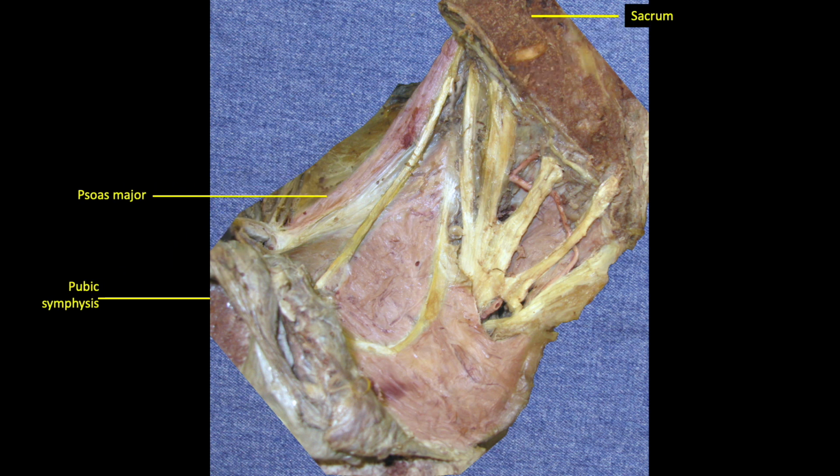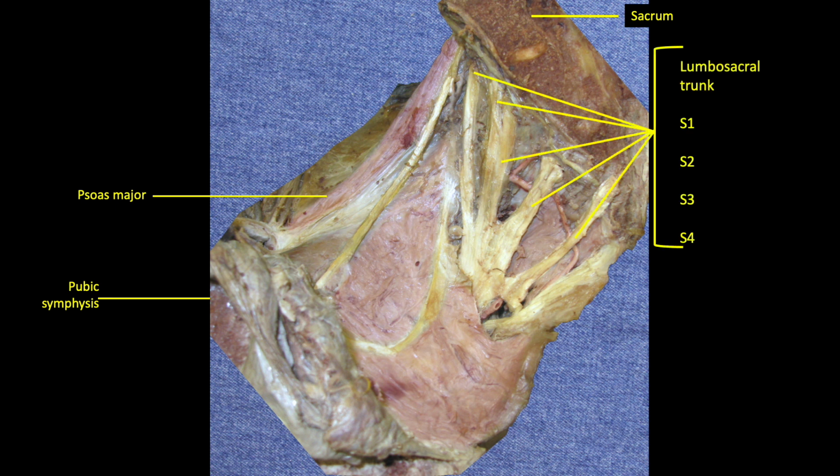We identify the pubic symphysis, psoas major, and sacrum for orientation. We again identify the components of the lumbosacral plexus, the lumbosacral trunk, and S1 to S4. S5 is difficult to find in a gross dissection.